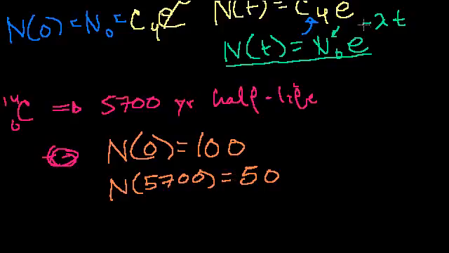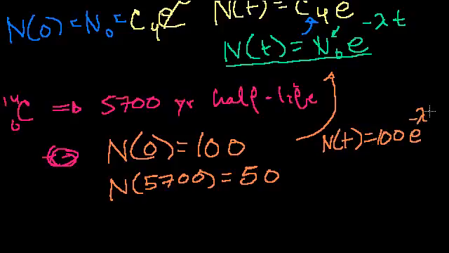So let's apply that to this equation and try to solve this for lambda. We know N of 0 is equal to 100. So we immediately know that we can write this equation as N of t is equal to 100 e to the minus lambda t, at least in this circumstance.